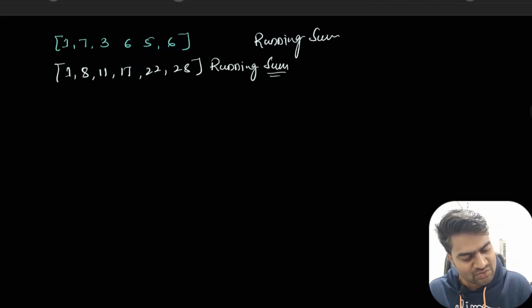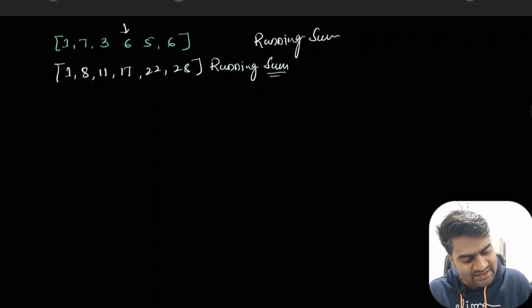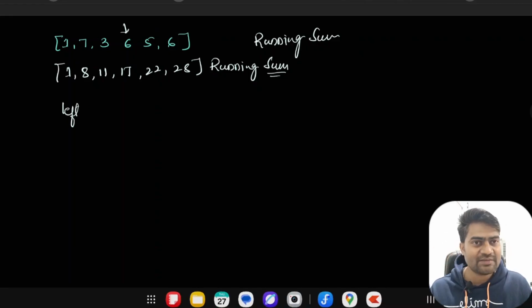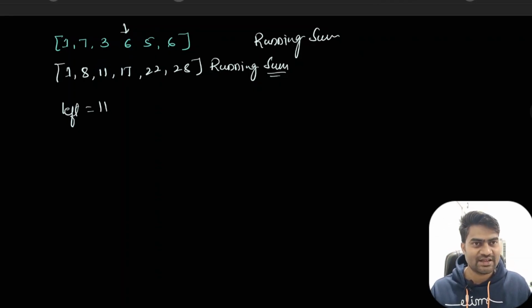Now, if I stand at this number, its prefix sum will be my left. So basically, if I stand here, this is its prefix sum, so I will take left as 11, correct, right?